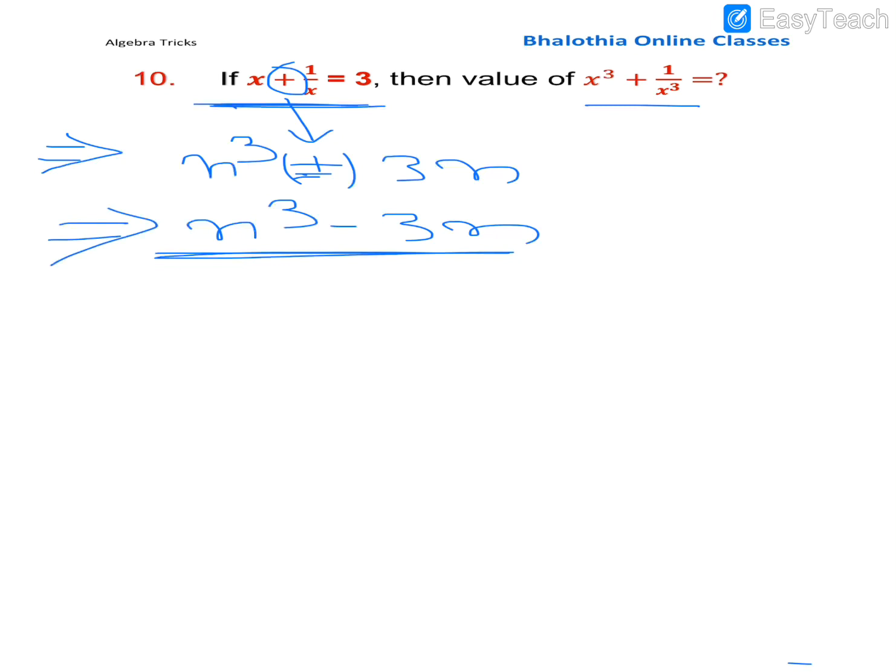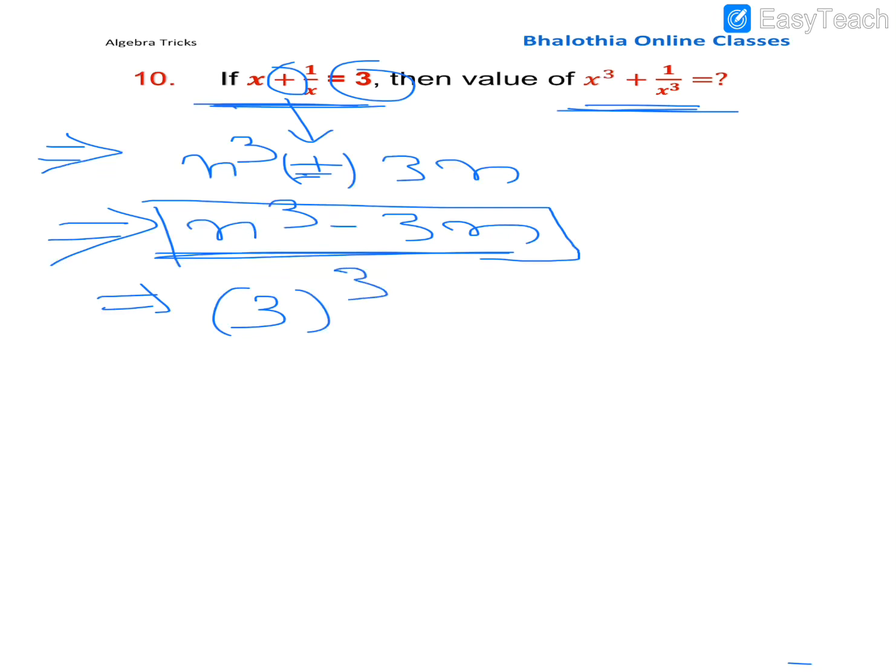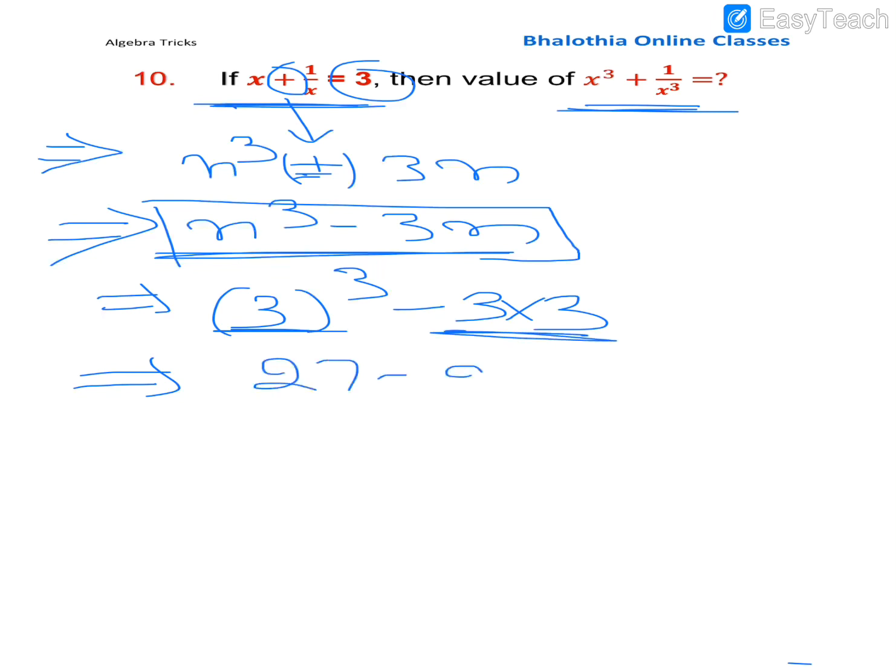These are the two formulas for plus and minus, you can easily keep those in mind, and it will become very easy for you guys to solve this kind of question. So for x cube plus 1 upon x cube, let's put the value of n raised to the power 3. So 3 raised to the power 3 minus 3 into 3, so that is 27 minus 9, equal to 18. So your answer is 18.